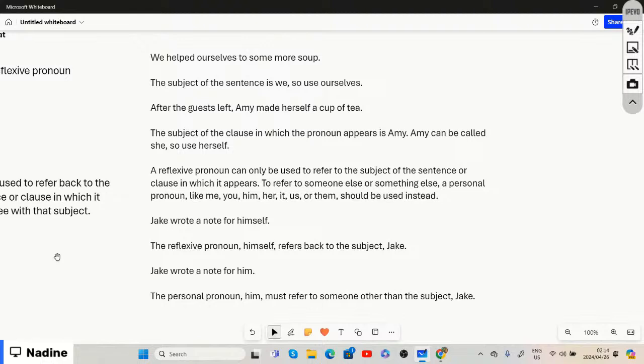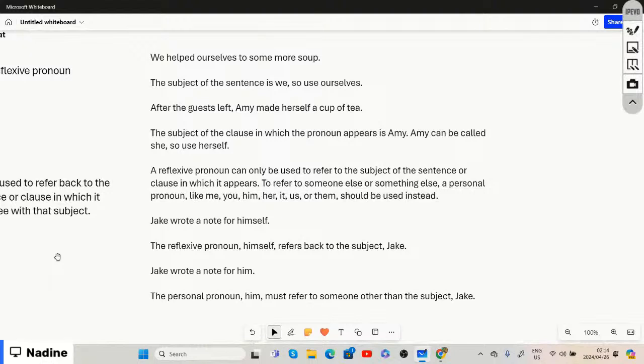So a reflexive pronoun can only be used to refer to the subject of the sentence or the clause in which it appears, right? So it can only refer back to the subject in which it appears.